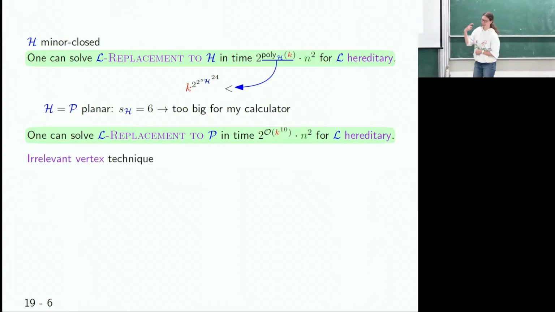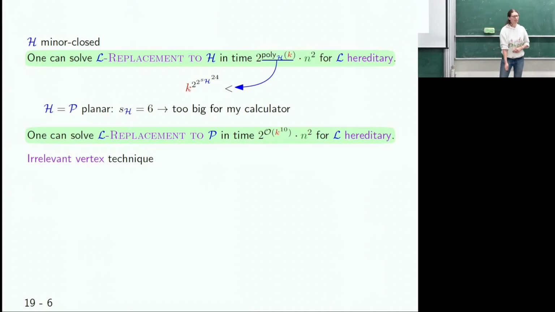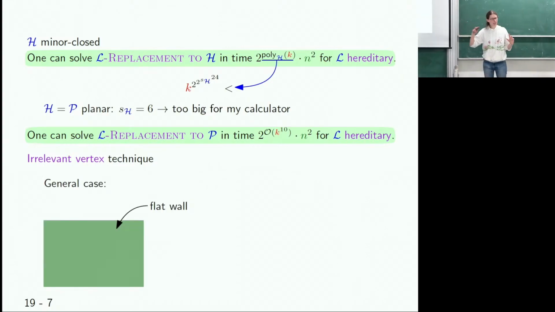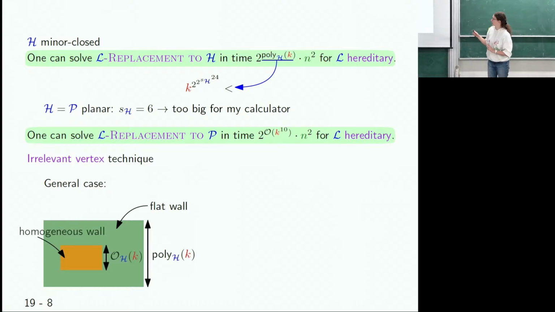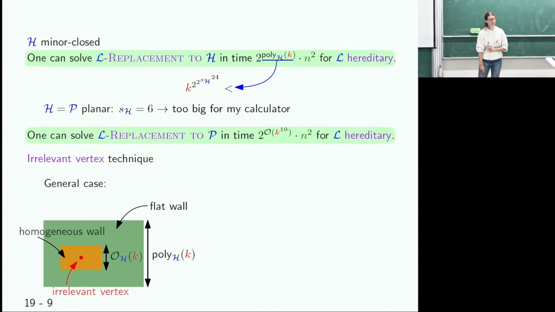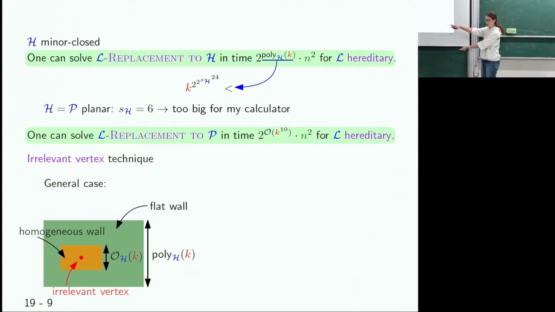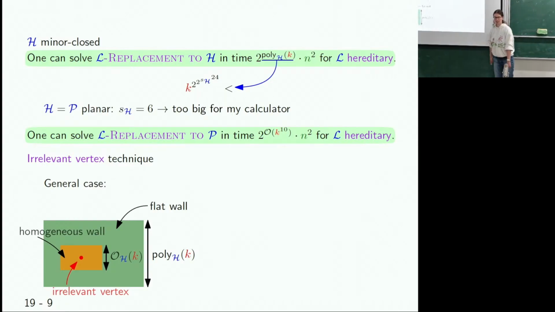It's caused by the irrelevant vertex technique. Essentially, in the general case, you have a flat wall, and what you really do is find something called a homogeneous wall inside, and you can argue that the central vertex of this homogeneous wall is irrelevant. The size of the flat wall you need to find a homogeneous wall is this polynomial in k.